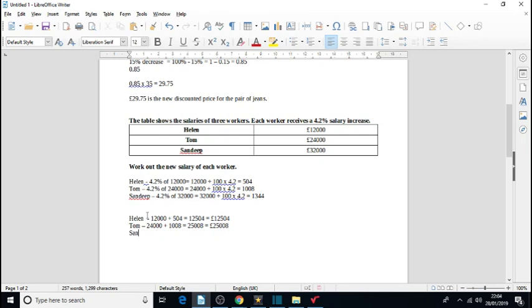And Sandeep, 32,000 plus 1,344. So therefore his new salary is 33,344.